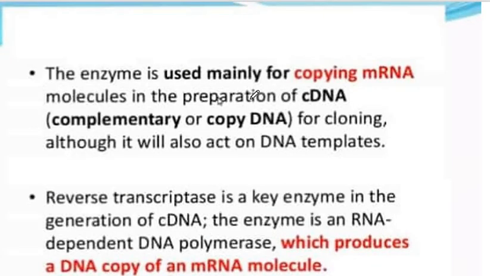The enzyme is used mainly for copying messenger RNA molecules in the preparation of complementary DNA, cDNA or copy DNA, for cloning, although it can also act on DNA templates. Reverse transcriptase is a key enzyme in the generation of complementary DNA from an RNA template, producing a DNA copy of an mRNA molecule.